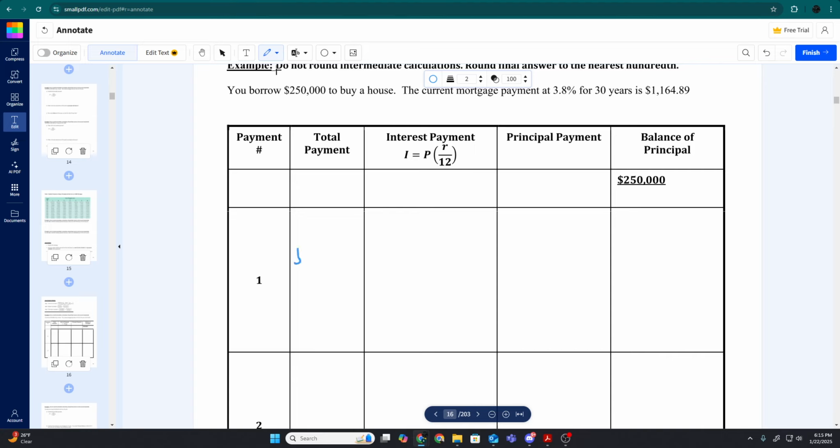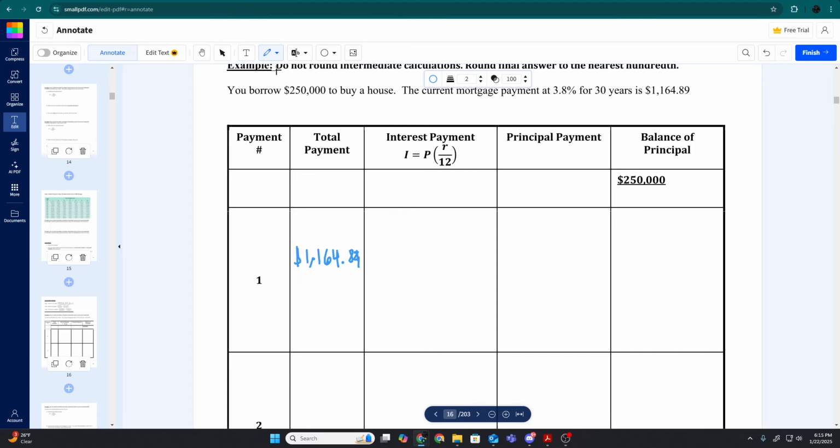We'll pretend it's a money sign. $1,164. Come on. And 89 cents. Oh my gosh, this is going to be horrible. All right, so it's going to be $1,164.89.